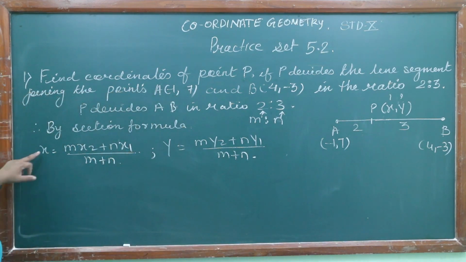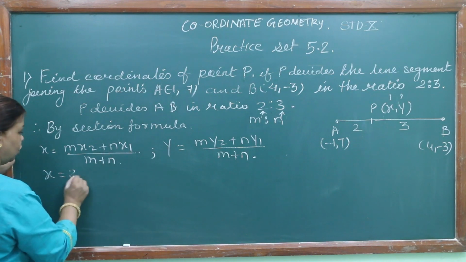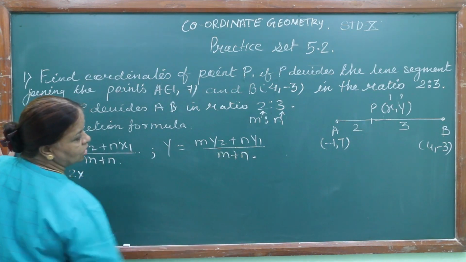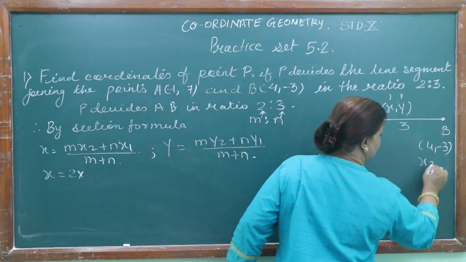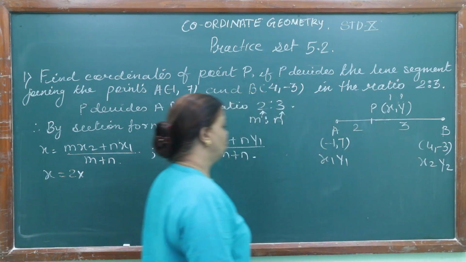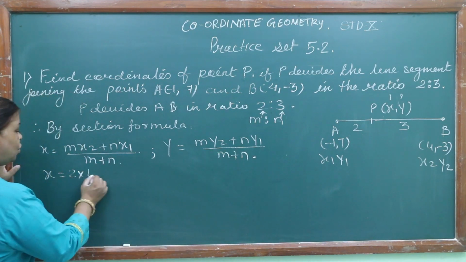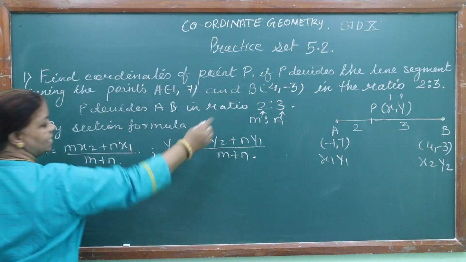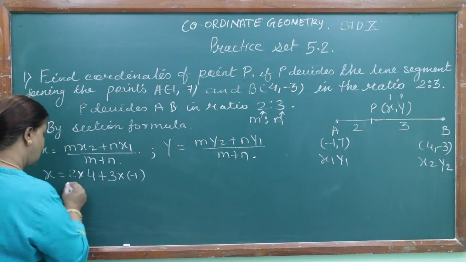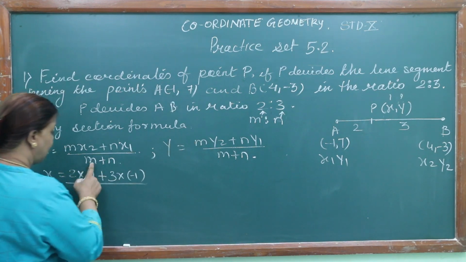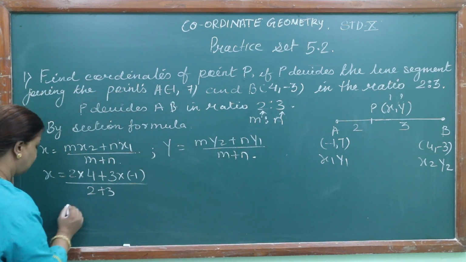Okay. So x value you need to find out. M is what? 2 into x2. Let us label it x1, y1, x2, y2. So mx2, x2 is how much? 4. 2 into 4 plus n, n is 3. 3 into x1 minus 1 upon m plus n, 2 plus 3, that is 5.